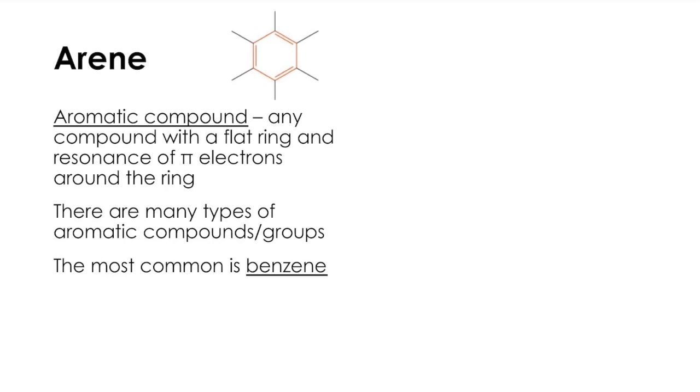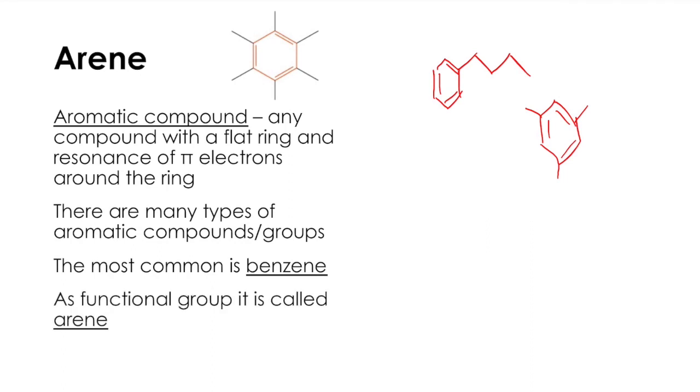So anything that has that group is going to be looking something like this, or like this. That group, as a functional group, is actually called an arene. So benzene, arene, those names are basically interchangeable.